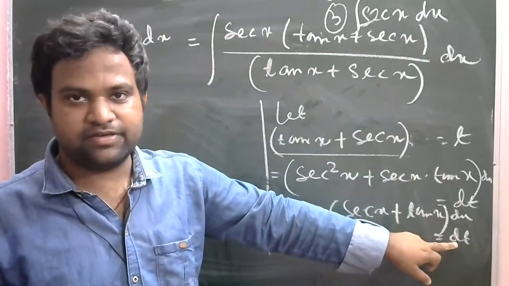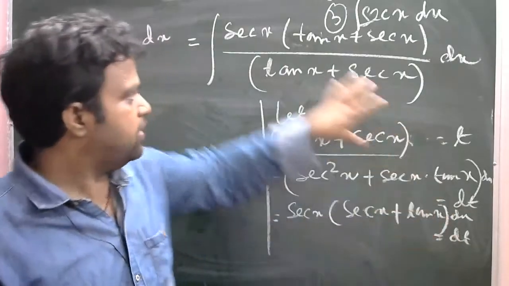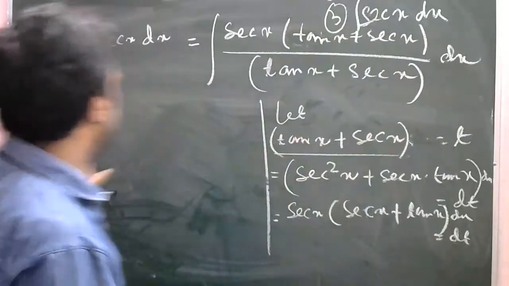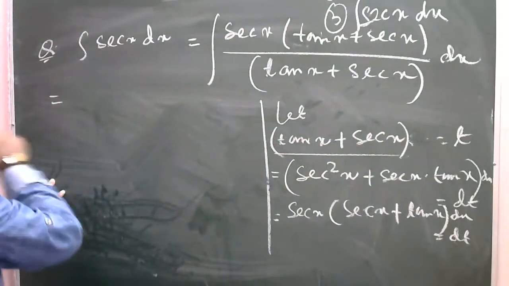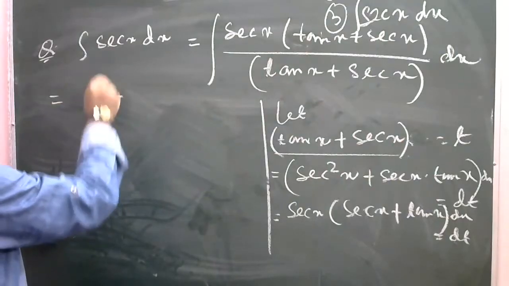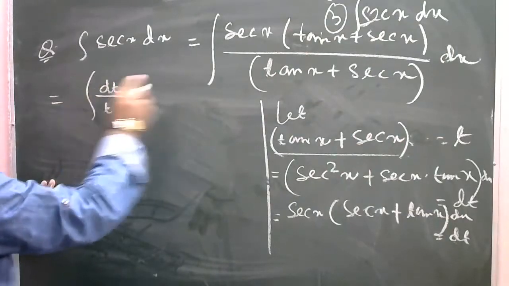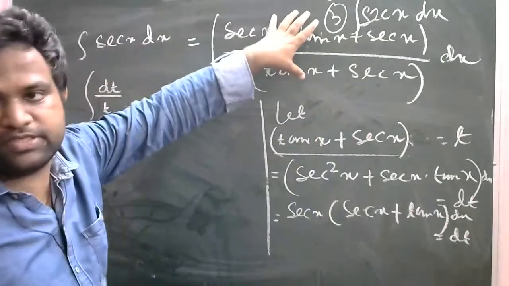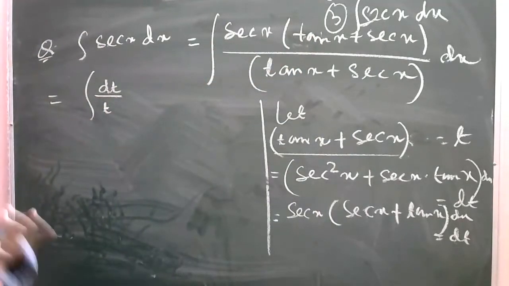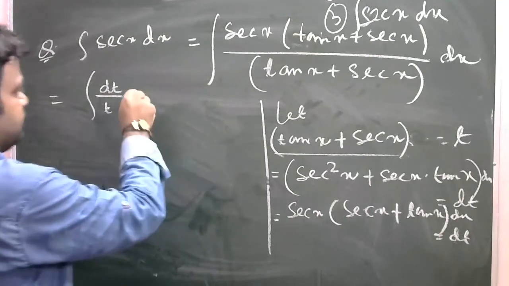Done? Easy. And the denominator is t. So everything is now converted. The whole thing is now converted to dt upon t.